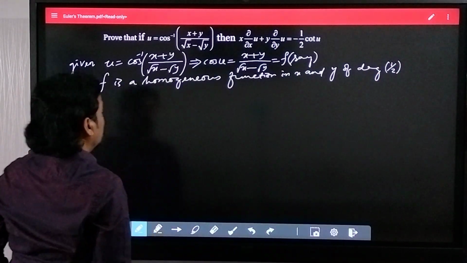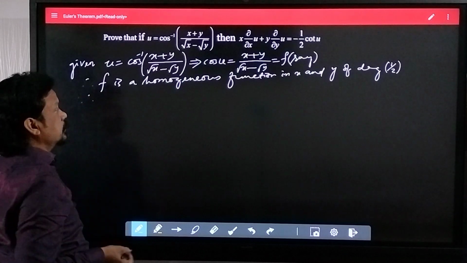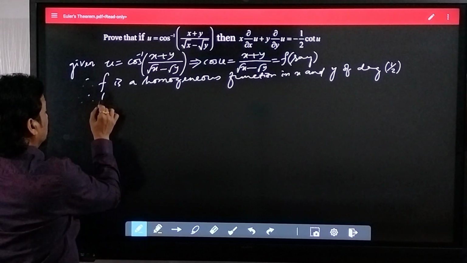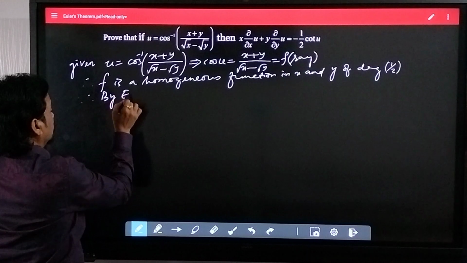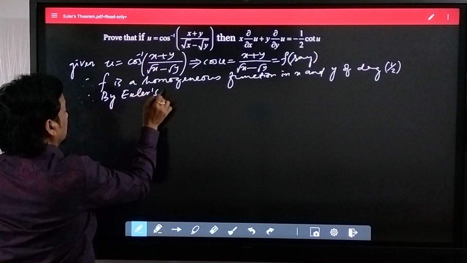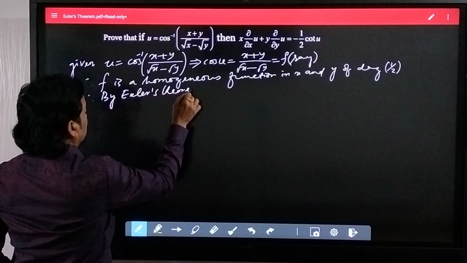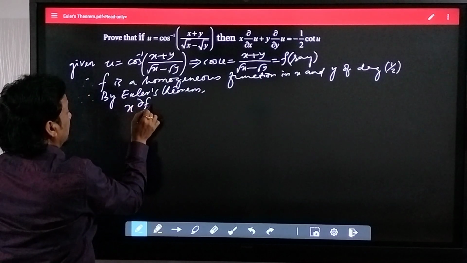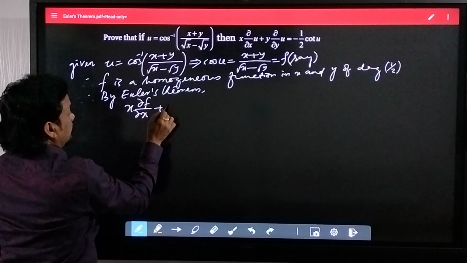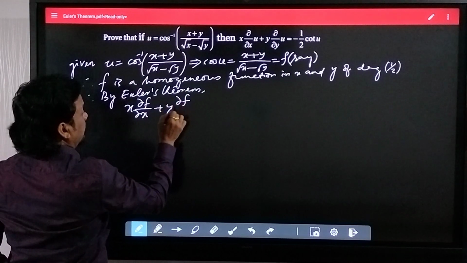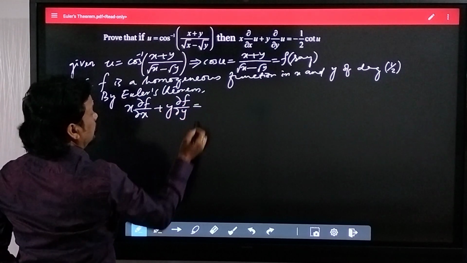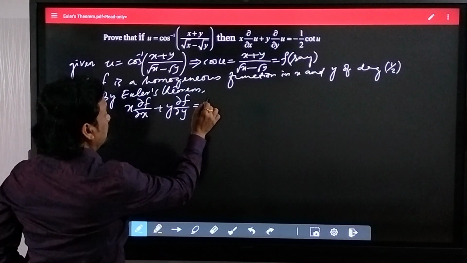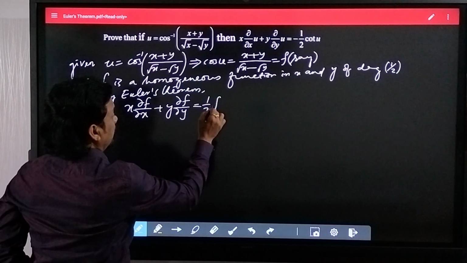Okay. So now since f is a homogeneous function, we can apply Euler's theorem. Therefore, by Euler's theorem, x into del f by del x plus y into del f by del y is equal to degree into f, and the degree is half. So half into f.